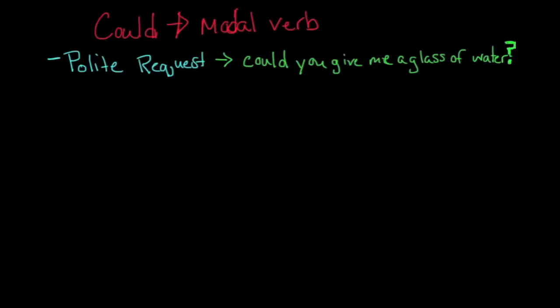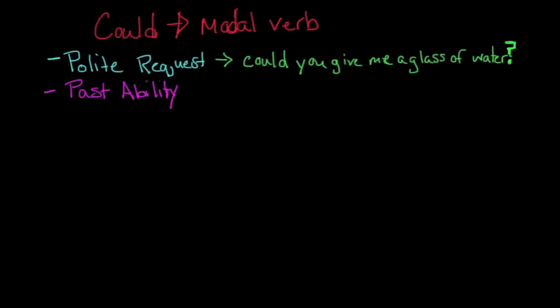The next meaning of could is for past ability. An ability is something like swim. I can swim in the present, and in the past it would be I could swim.